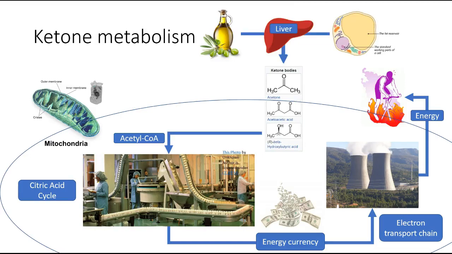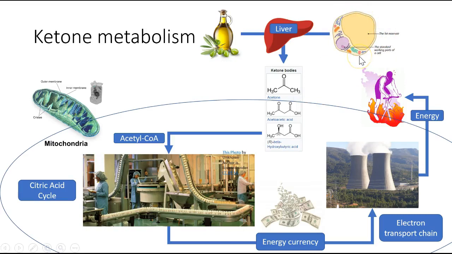And as you can see, this all occurs in what we call the mitochondria right here, and we have a secondary source, that is the ketones, and the ketone generation. And we make them by taking fats from things like olive oil, saturated fats, and we take them to the liver, and then we produce these molecules called ketones. And there's three major ketones called acetone, acetoacetate, and beta hydroxybutyrate.